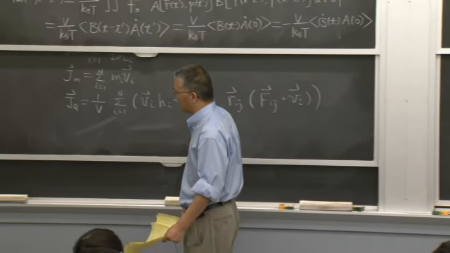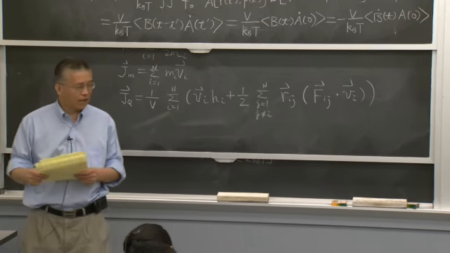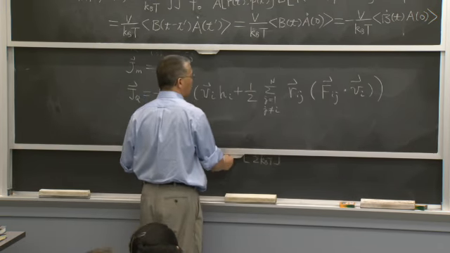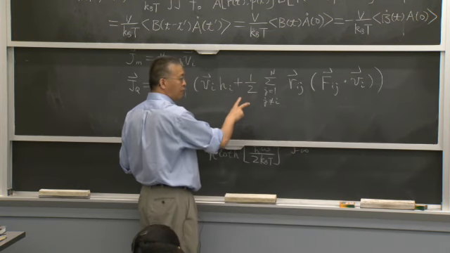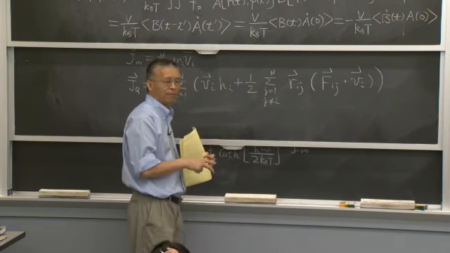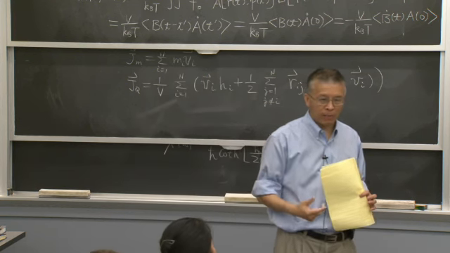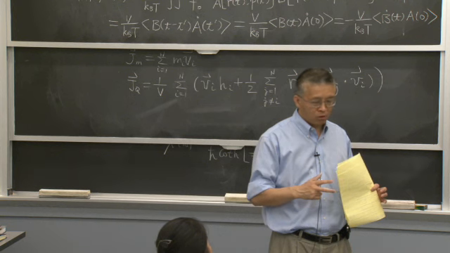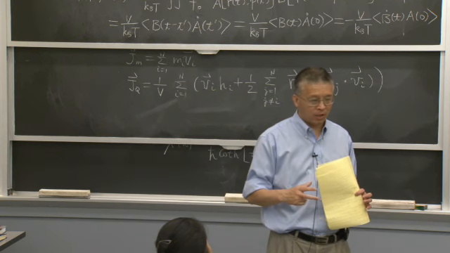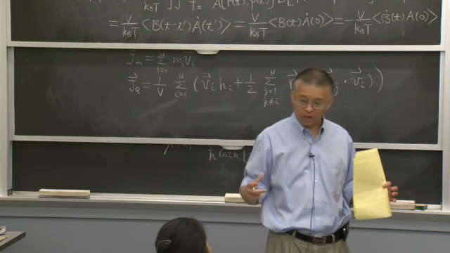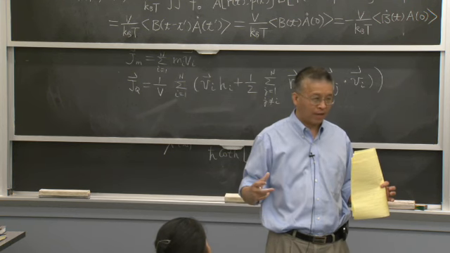The final comment I want to make is when you simulate, so here in the derivation, linear response theory, I am actually doing a canonical system, right? Constant temperature. Now, when you do a molecular dynamics simulation, you typically fix the number of atoms. You try to maintain the energy constant, right?